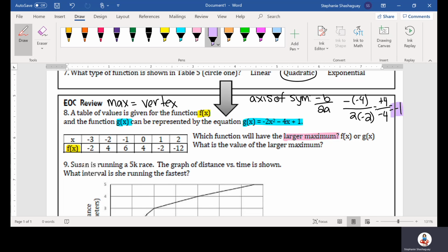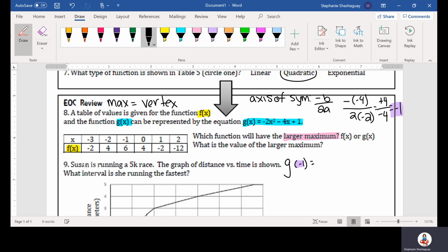Now that I've found my axis of symmetry for my g of x function, I'm going to take that axis of symmetry and plug it into my g of x function.